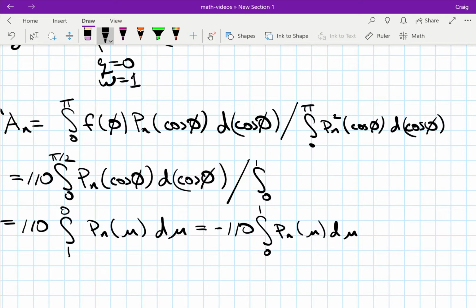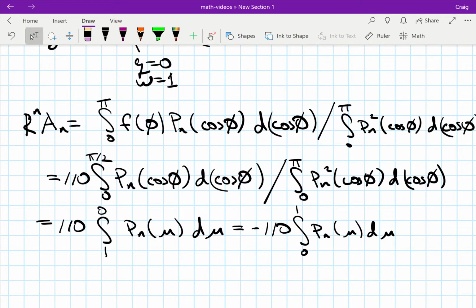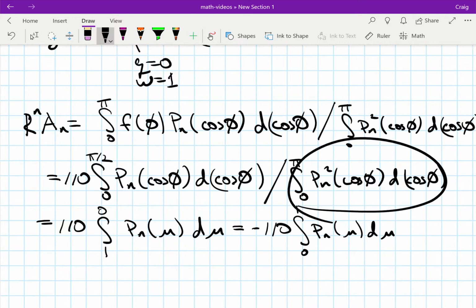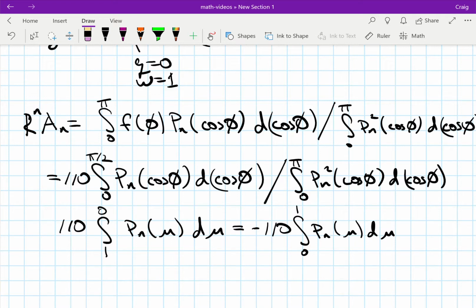So 0 to pi Pn squared cos phi d cos phi. Okay, and it turns out that the normalization factor in the denominator is 2 over 2n plus 1, so that will come out in front.